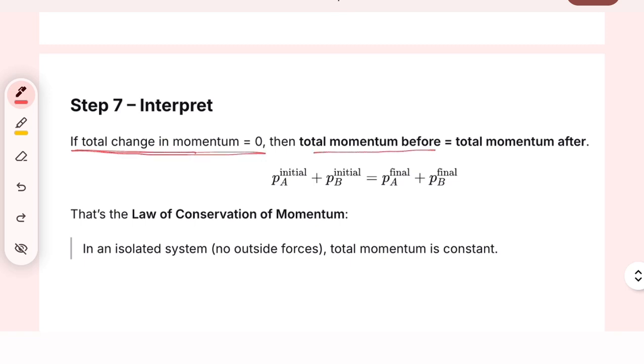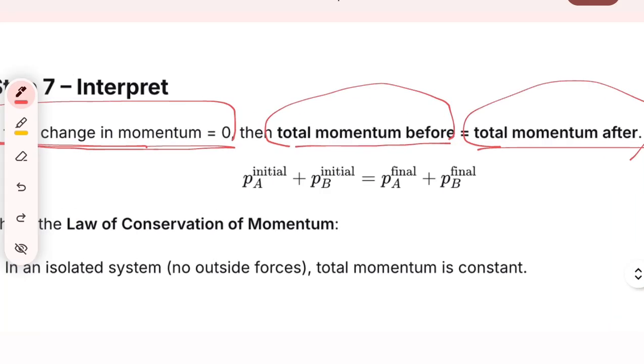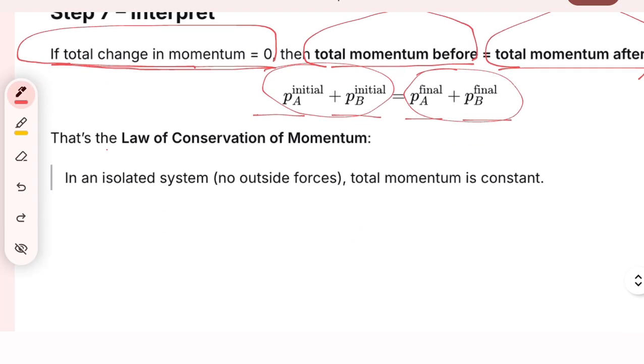Then the total momentum before must be equal to the total momentum after, right? If the total change of the momentum is 0, then the total momentum before would be equal to the total momentum afterwards. As you can see, the initial momentum of A plus the initial momentum of B is equal to the final momentum of A and B. And that is the law of conservation of momentum, right?